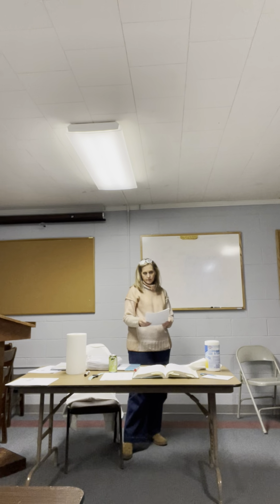A and B are always dominant over O, and A and B are co-dominant together. So we're going to do this little chart with our different blood types.